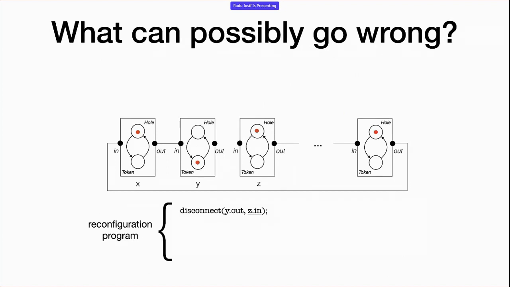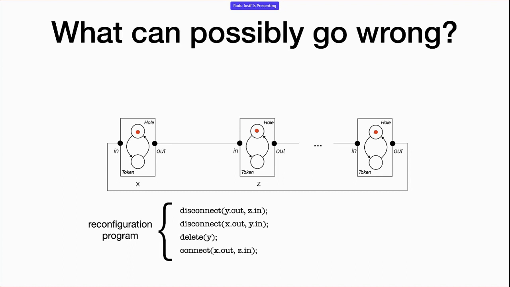And this program chooses at some point to disconnect the interaction between the token node and the node to the right of it, and then to disconnect the interaction to the left of it, then remove the token and reconnect the remaining nodes. Well, in this case, the system has no more token to run and ends in a deadlock. Basically, a deadlock means that no interaction can fire, and that is a situation that we do not like to happen in a data center.